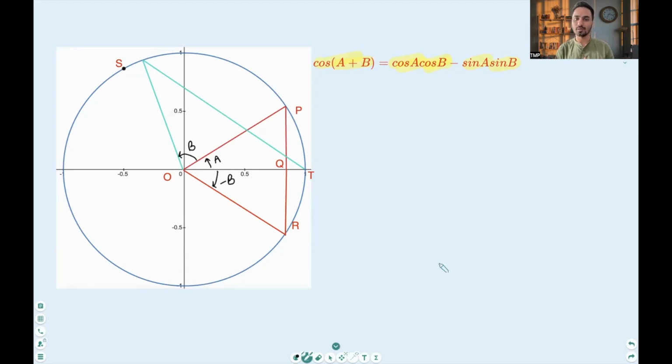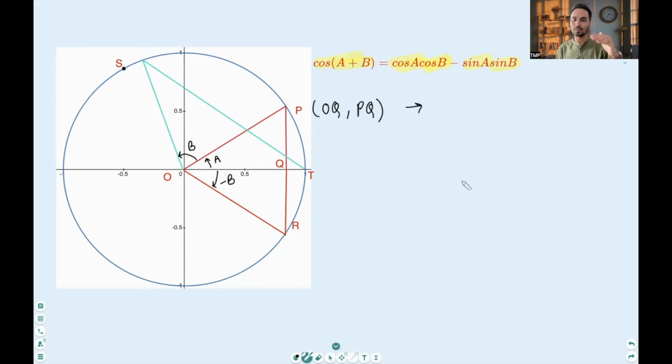And in that unit circle, I have drawn a triangle POQ, a triangle ROQ, where angle ROQ in the clockwise direction is minus B, and a triangle SOT, where angle SOT is A plus B. Here, point P has the x coordinate, which is OQ, and the y coordinate, which is PQ.